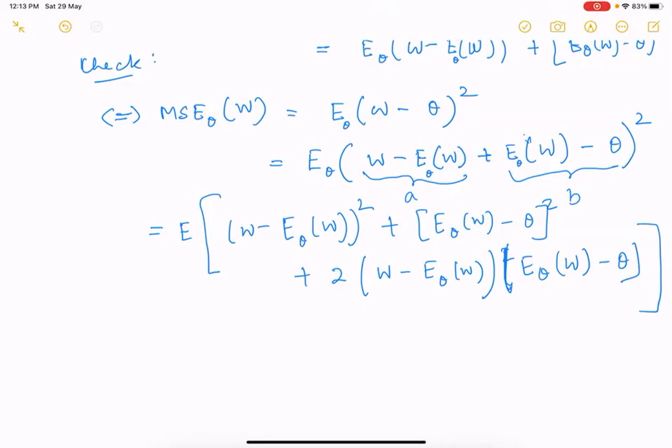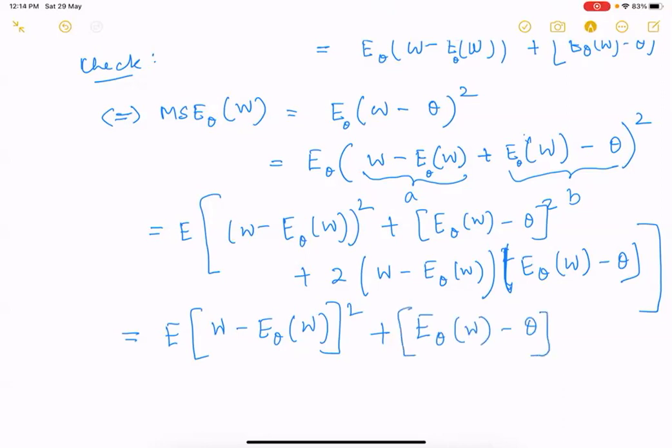Now we can write this as expected value of W minus E theta W whole square plus E theta W minus theta whole square plus 2 times W minus E theta W times E theta W minus theta.